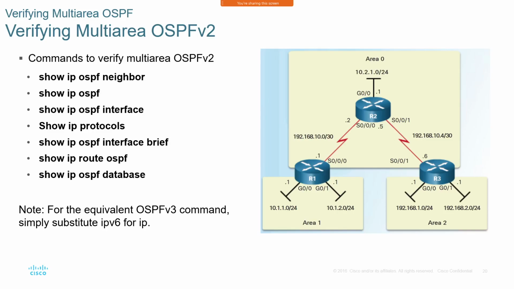And if you show the IP OSPF database, you can see which one is going to be installed in the routing table, because remember that the calculations will be done and only the best route will be installed in the routing table. So if we do the show IP OSPF database, we'll see all the other options, all the other paths to a specific network, and not only the one that has won, not only the one that has been chosen.